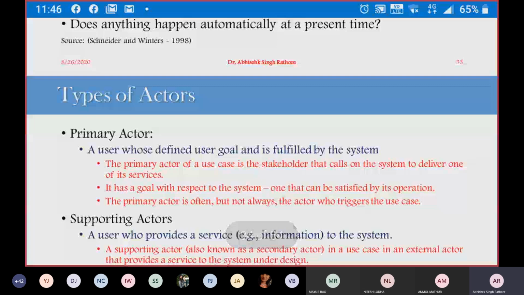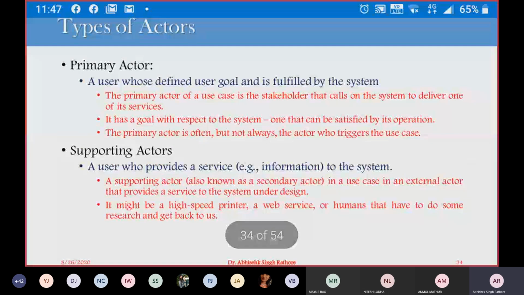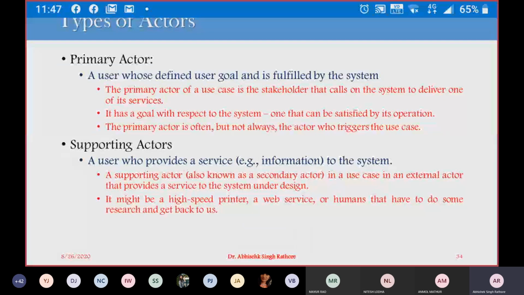Their goal is to get services from some operations. Primary actors usually appear very often, and they usually trigger your use cases. Let's say a user of your system logs into your system. This user, or the student, is generally a primary actor of our system.